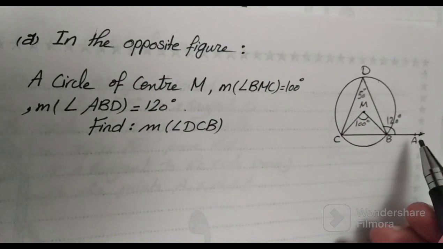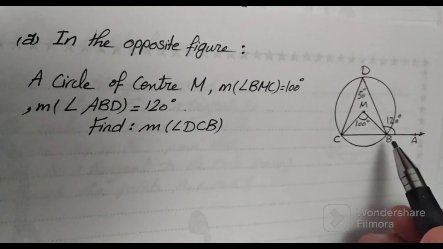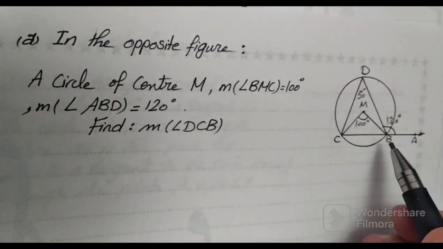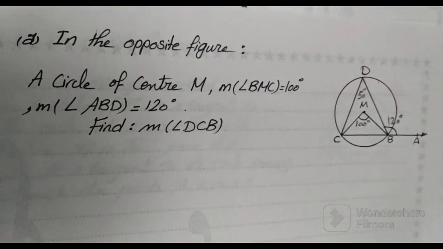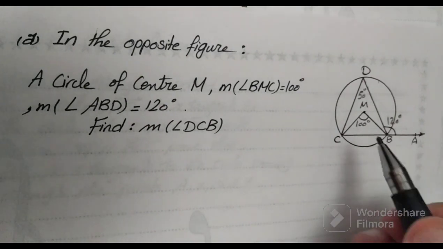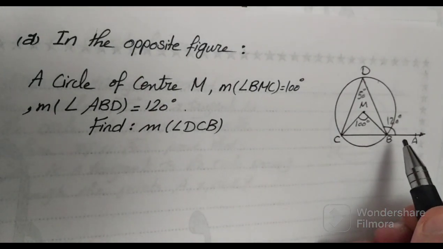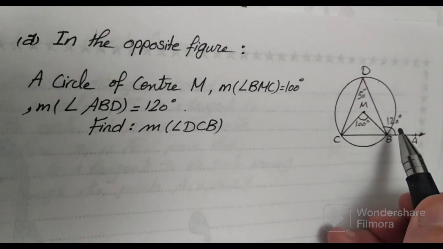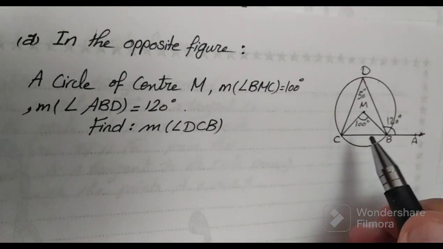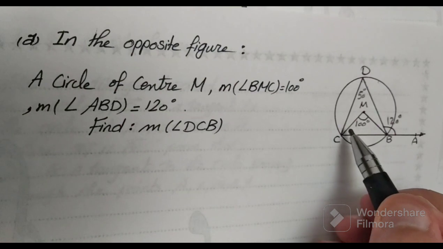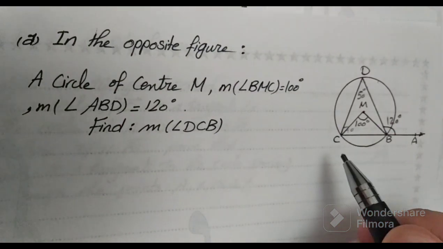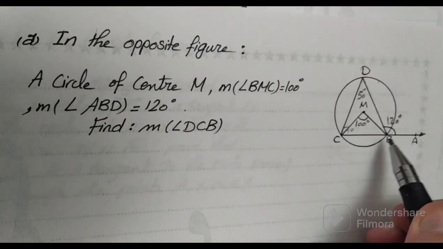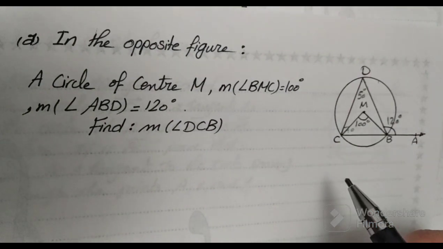So the measure of angle ABD equals the measure of angle BDC plus the measure of angle BCD. So the measure of angle BCD equals 120 minus 50 equals 70 degrees.